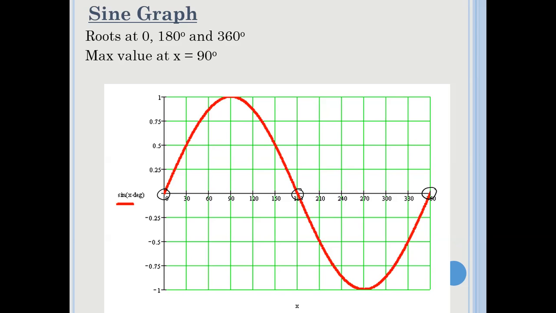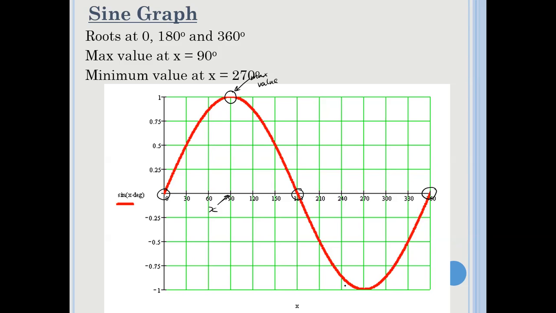It's got a maximum value at x equals 90 degrees. So where x is 90 degrees, we can see it is where the graph itself reaches its highest point. You might recognise that as a turning point.